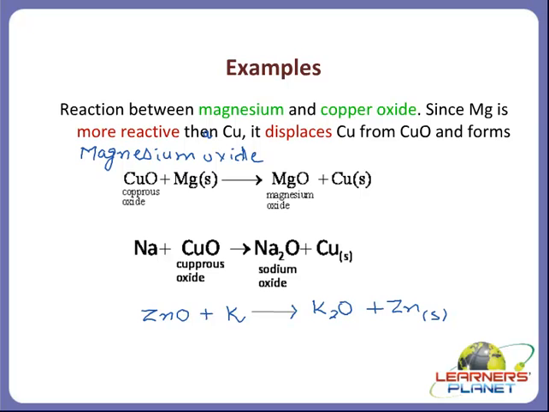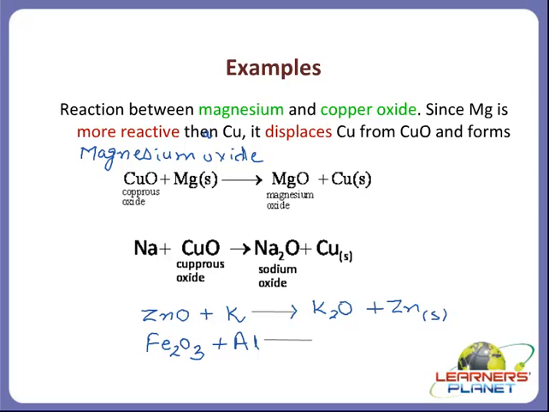Likewise, I can take aluminium with copper oxide or iron oxide. We did this reaction in chemical equations and reactions, that is Fe2O3 with aluminium. Now here, children, which is lying above hydrogen in the reactivity series? Aluminium.